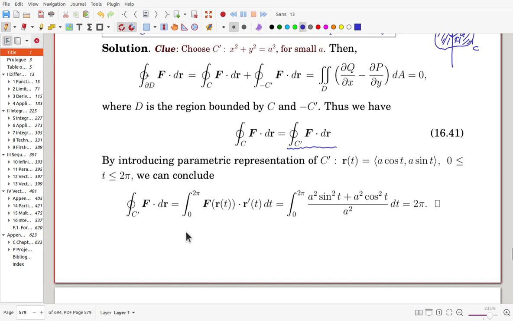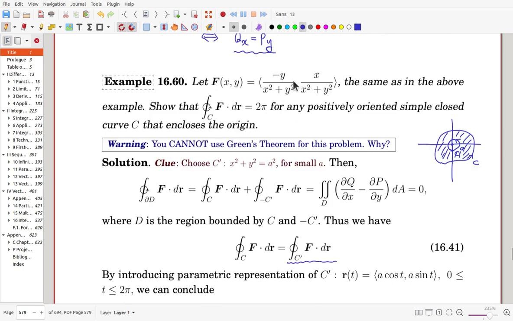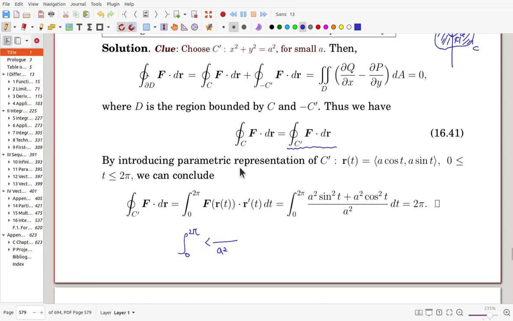Now from this, the integral from 0 to 2π, let's see some detail. The first component is −y over a², so that's −a sin t over a².